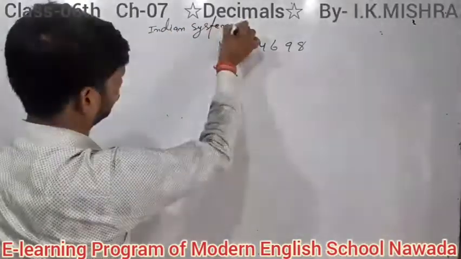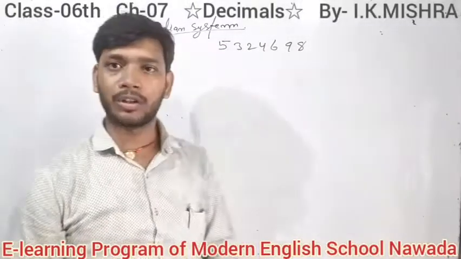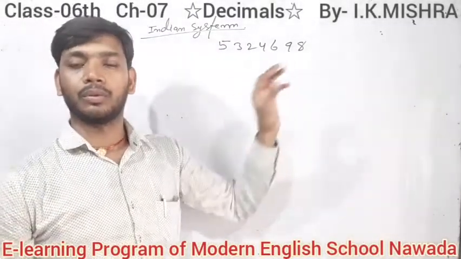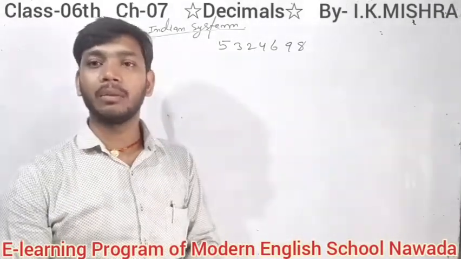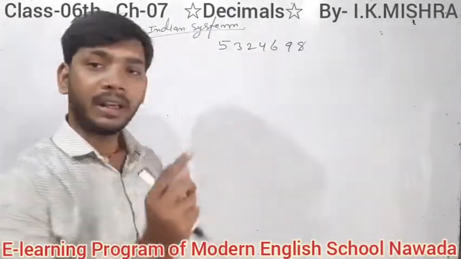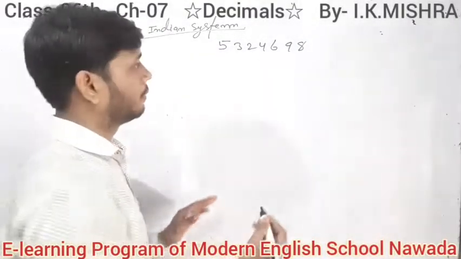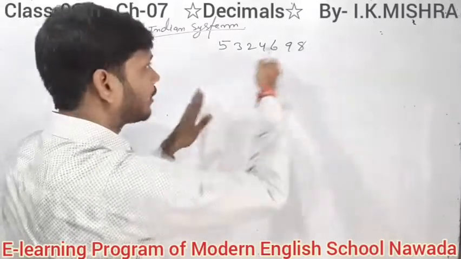In the Indian system of notation, first of all know the periods, that means how many digits are in each period. The period starts from the right side of the number.